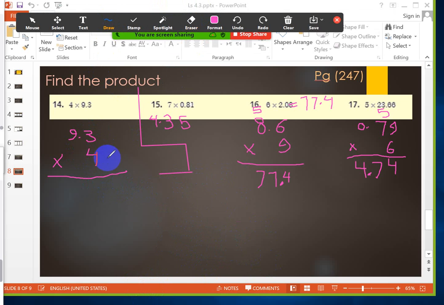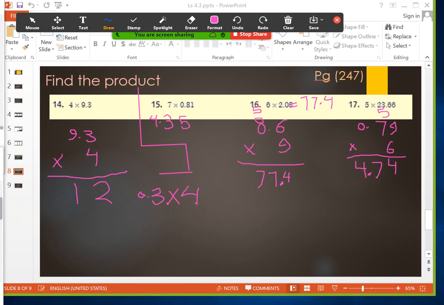The value of 3 will be 0.3, right? So I want to multiply it with 4. 4 multiply 3 equals what? Yara? 12. Very good.